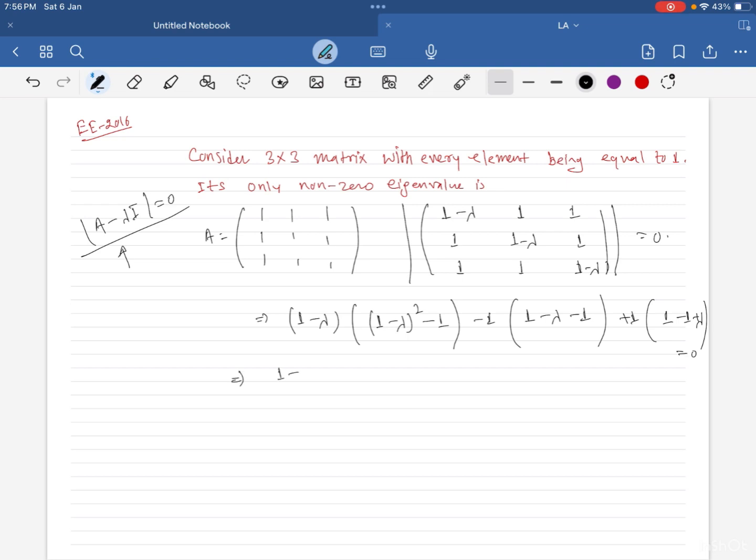So here we will have (1 minus lambda) cubed, minus 1 plus lambda, plus lambda, equal to 0. So (1 minus lambda) cubed minus 1 plus 3 lambda is equal to 0, right?